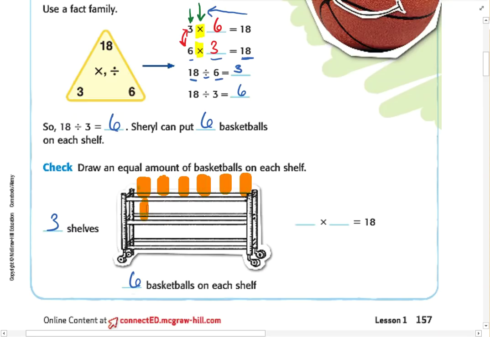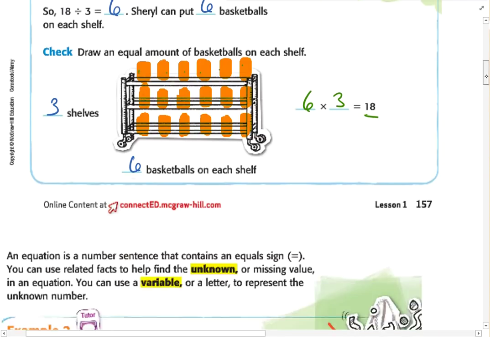And if I have 3 shelves, I am essentially multiplying 3 by 6, and in total, I will have 18 basketballs. 6 times 3 is 18. 1, 2, 3, 4, 5, 6, and I have 3 rows, so in total, I have 18 basketballs.